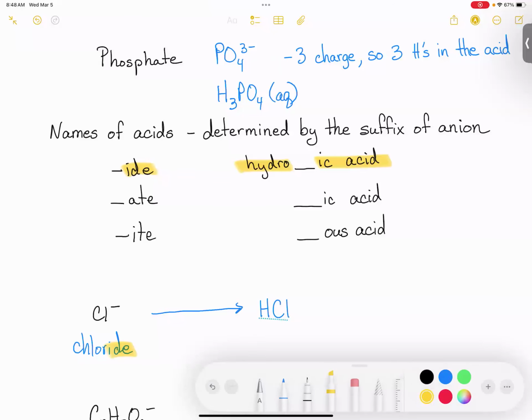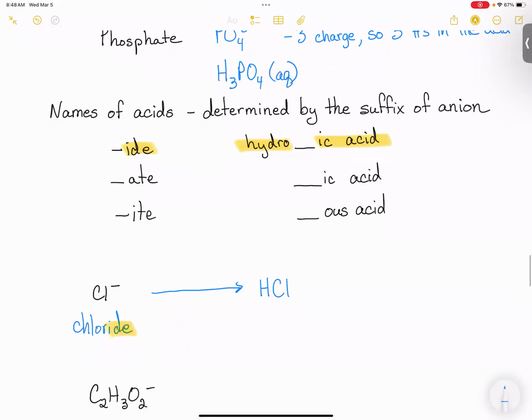So the acid form is going to get the prefix hydro. That underline in the previous section basically is for the root of the nonmetal or the root of the anion. So this is chlor. And then it gets the ending ic acid.